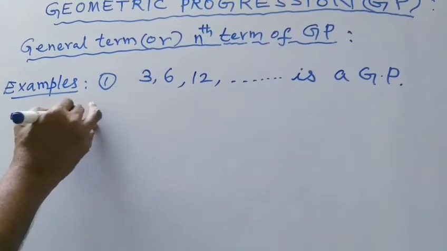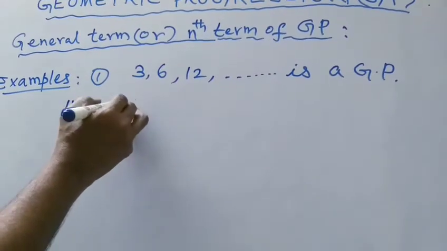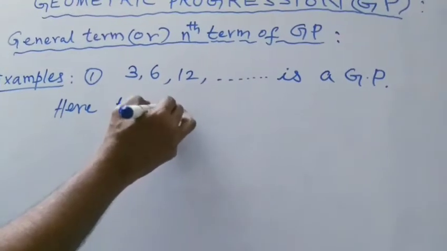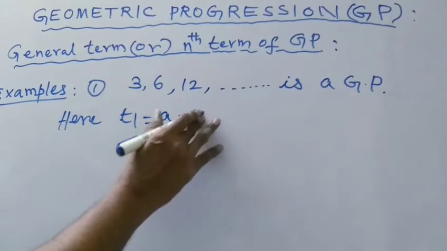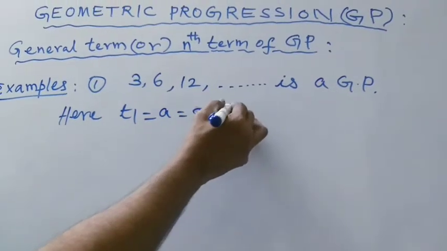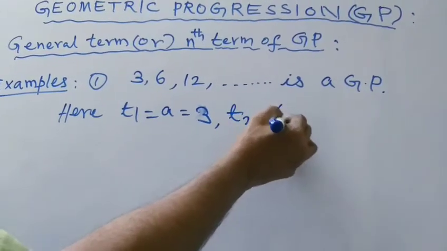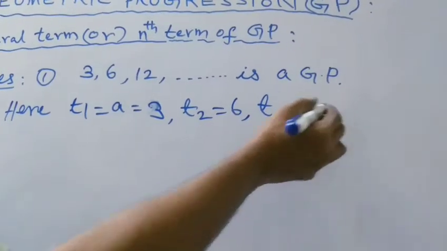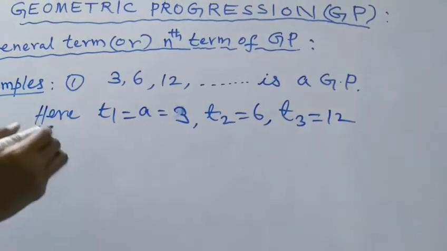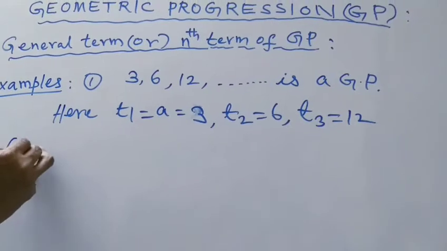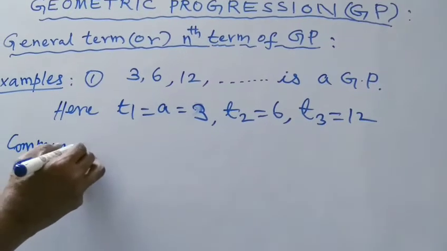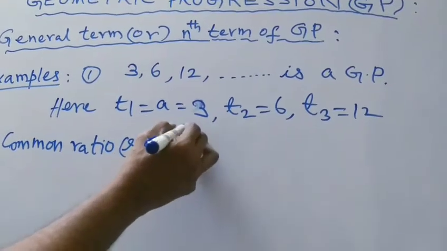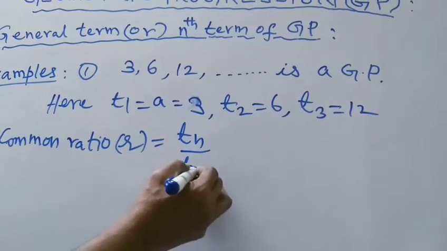Here the first term T1 is equal to a is equal to 3, the second term T2 is equal to 6, and the third term T3 is equal to 12. The common ratio R is equal to Tn by Tn minus 1.